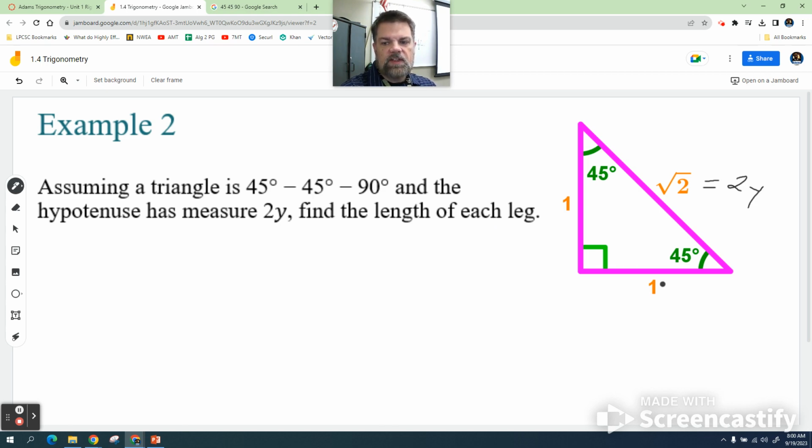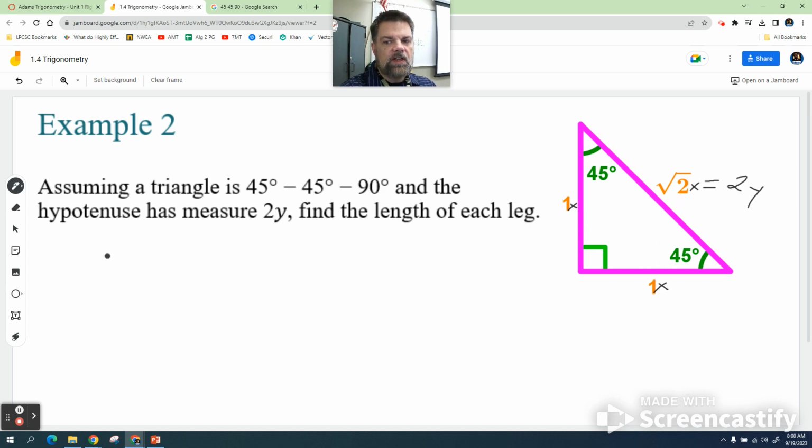Well, we could think of this in terms of 1x, and this could be the square root of 2 times x equals 2y. Okay? So essentially, if I somehow solve for x, I can end up with the length here.